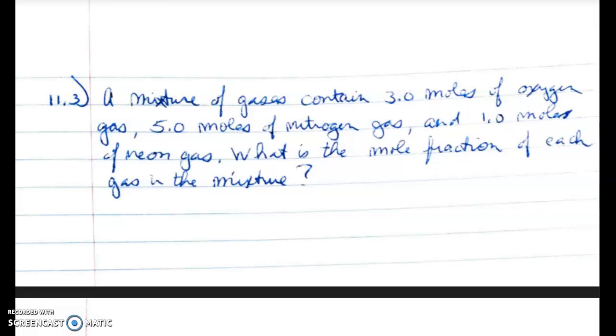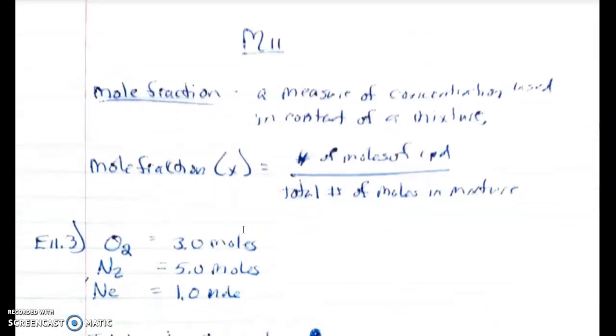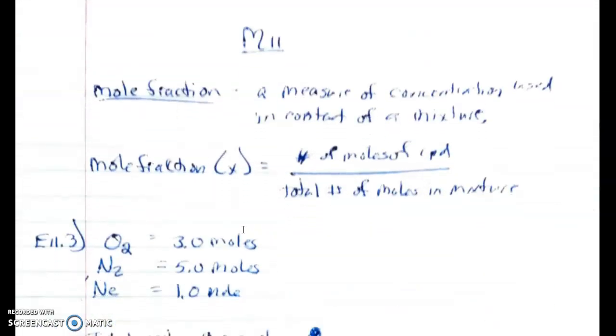Okay, so what we have to remember is what is a mole fraction. A mole fraction is essentially a measure of the concentration used in context of the entire mixture. In other words, a mole fraction, which is abbreviated X, is equal to the number of moles of the compound or the gas that you're interested in, divided by the total number of moles in the entire mixture.